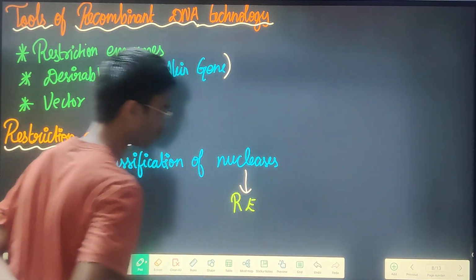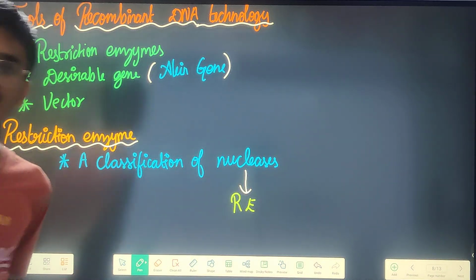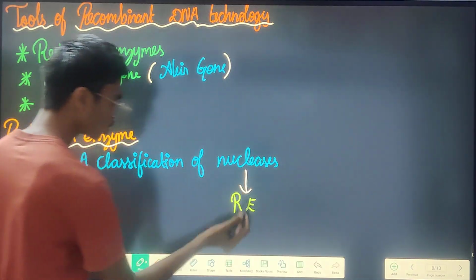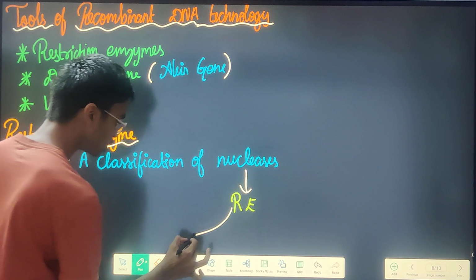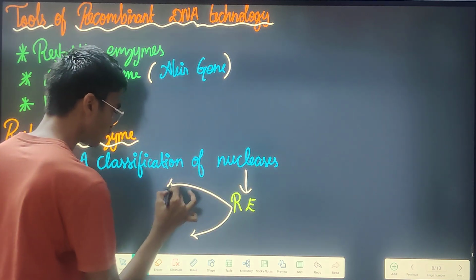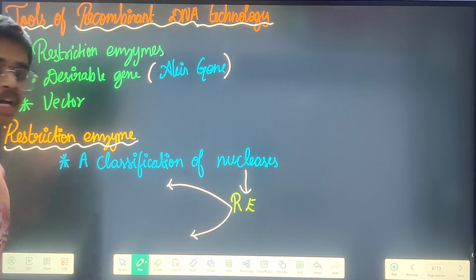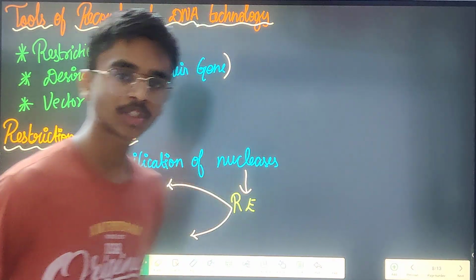This restriction enzyme is actually of two different types. So what are those two different types?